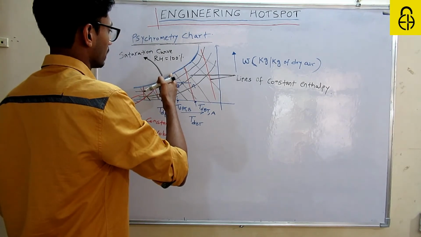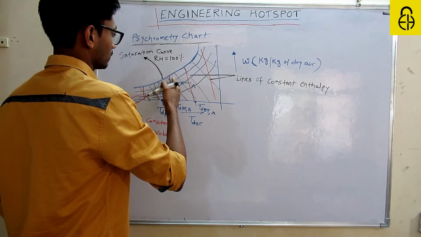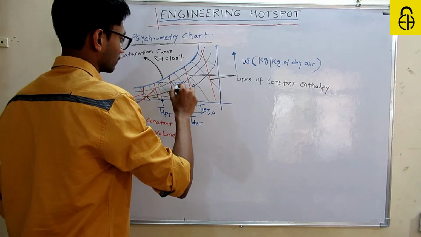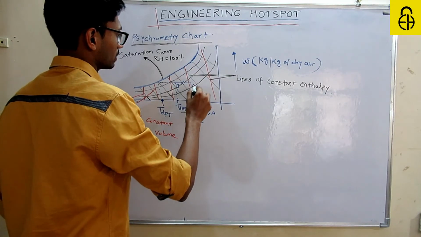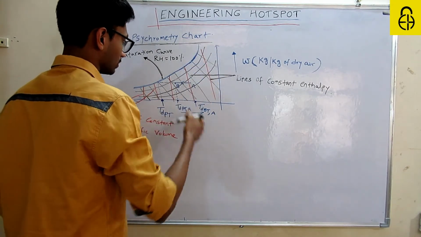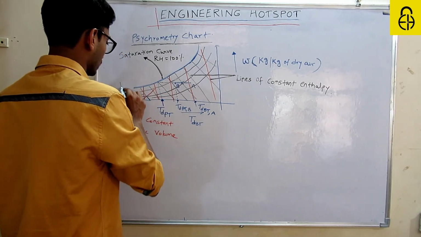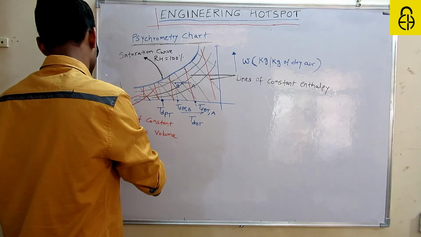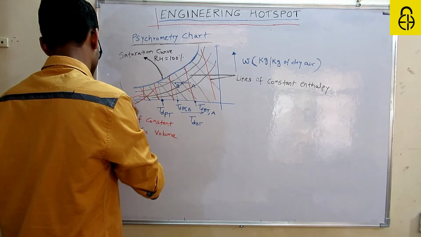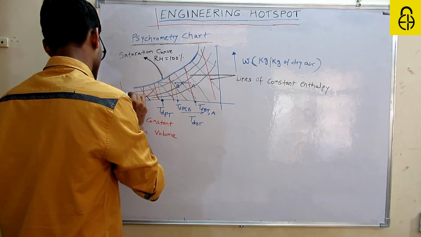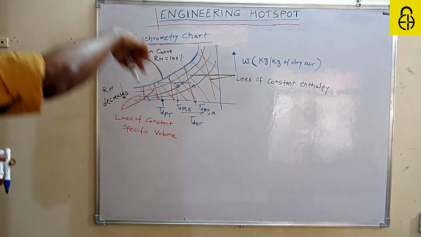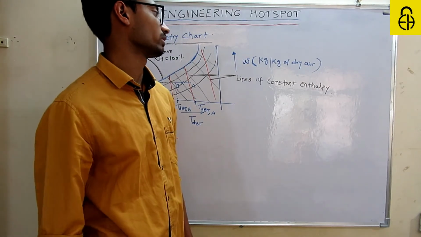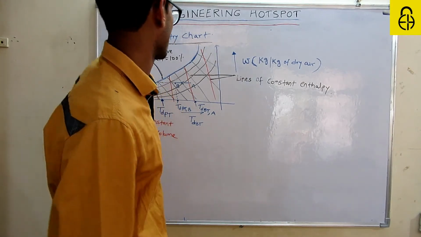Suppose this is the curve for 100% RH, this curve will be for 80% RH, this one for 60% RH, this may be 50% RH. In this way RH decreases when you go in this direction. These are the things you need to remember in a psychrometric chart.